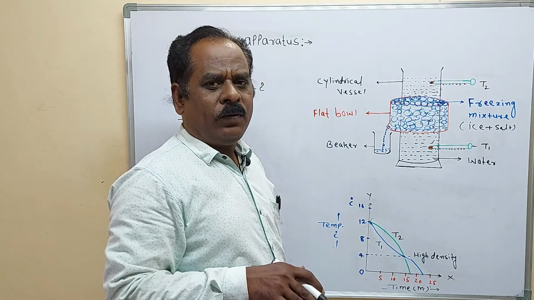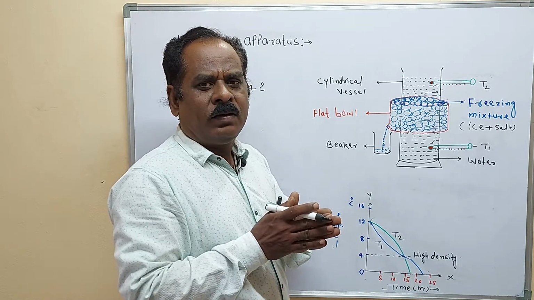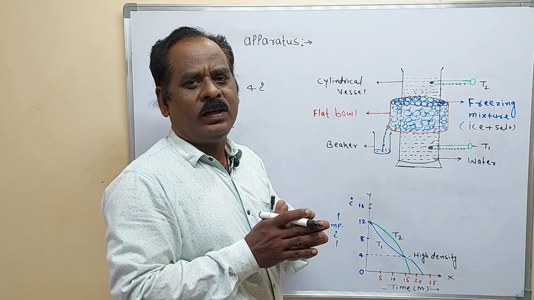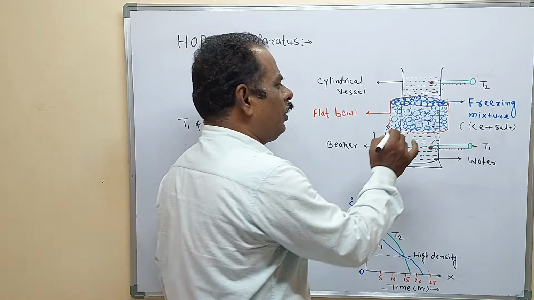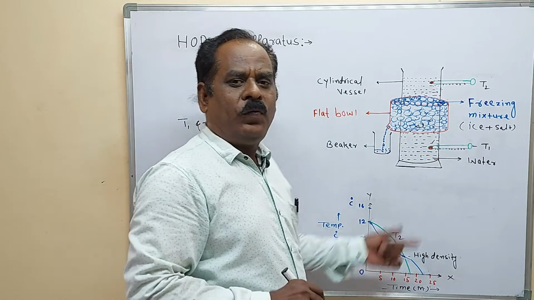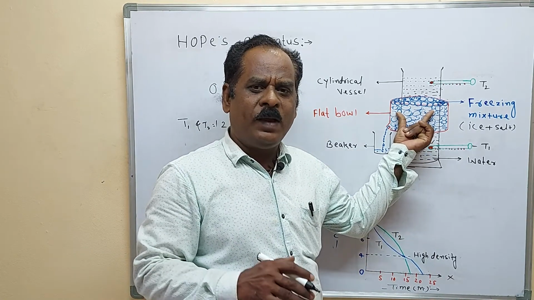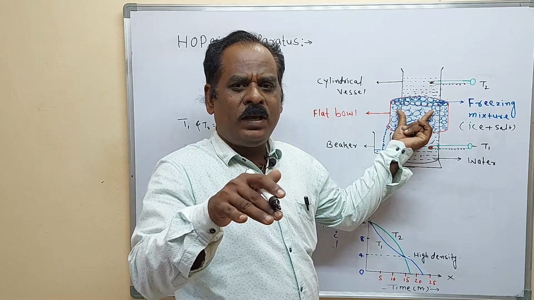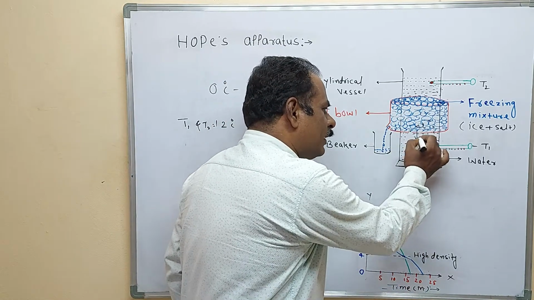You know that whenever the temperature of water decreases, the volume of water also decreases, not increases. Volume of water decreases up to 4 degree centigrade. Whenever the volume of water decreases at the center, simultaneously the density of water increases. Due to the increasing density, the water sinks and goes on the downward side.